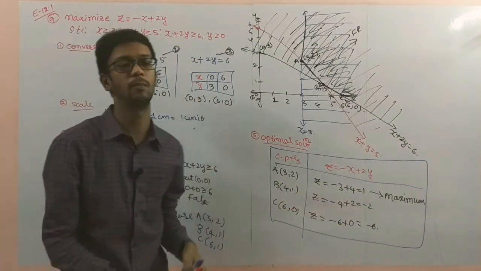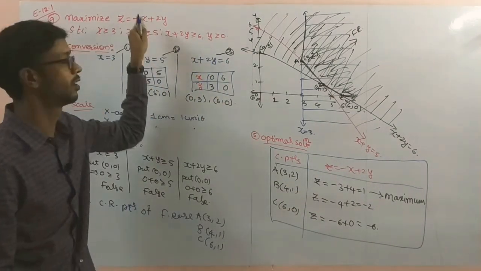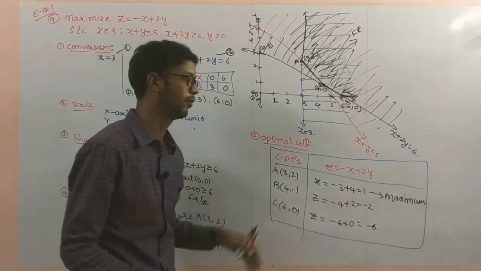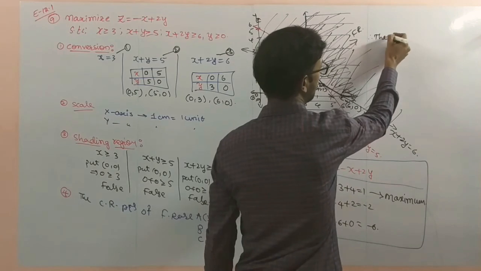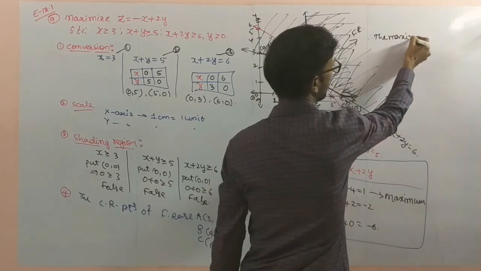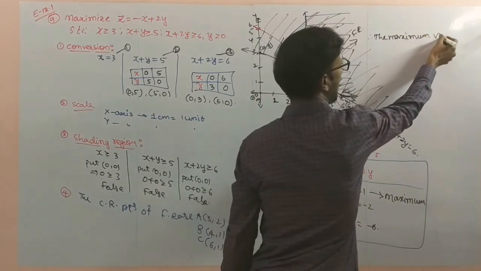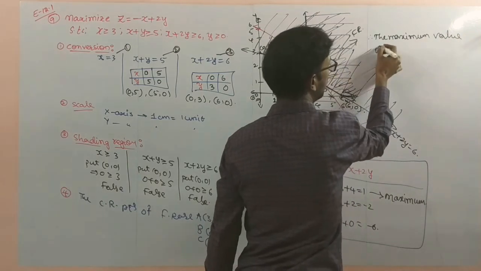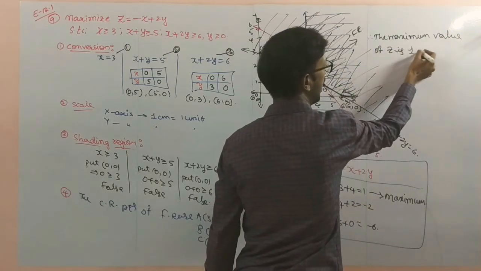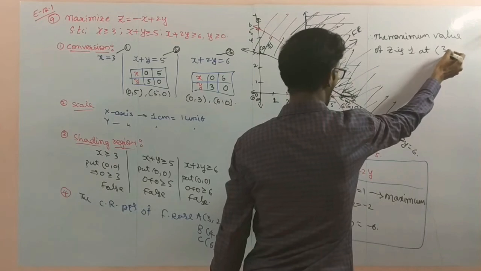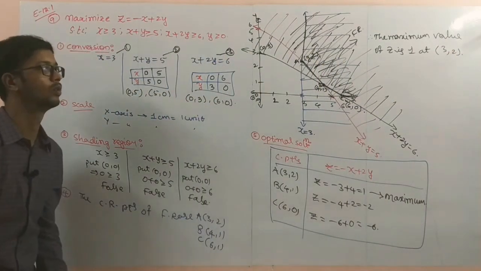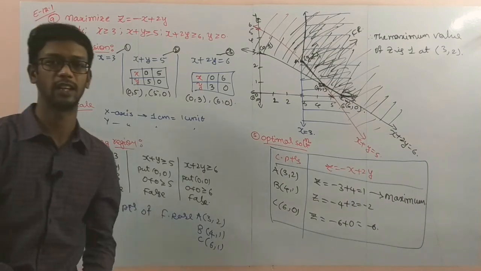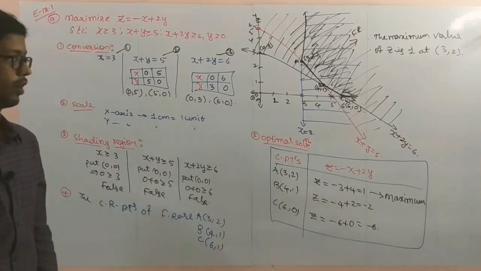Here we can't find the minimum value, and the question is asking for the maximum anyway. So the maximum value is 1. The final conclusion: the maximum value of z is 1 at the point (3, 2). So this is the way of finding it by graph. Pause the video to note it down.